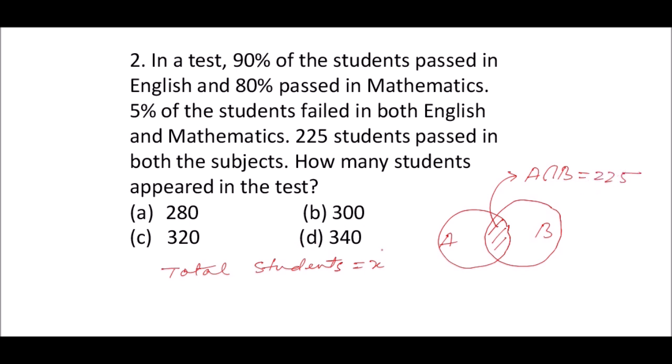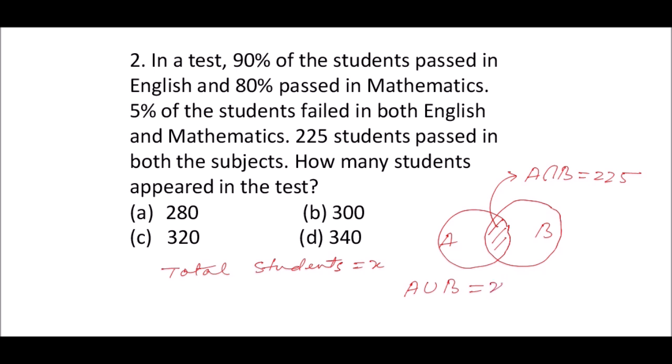And another thing, failing both subjects is 5%. Therefore, A union B is those who passed at least one subject.